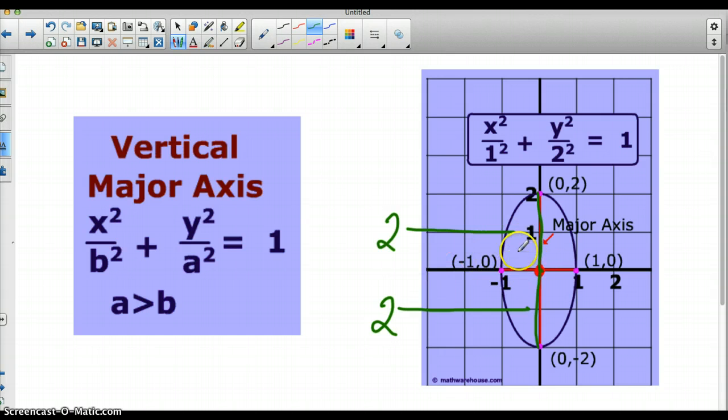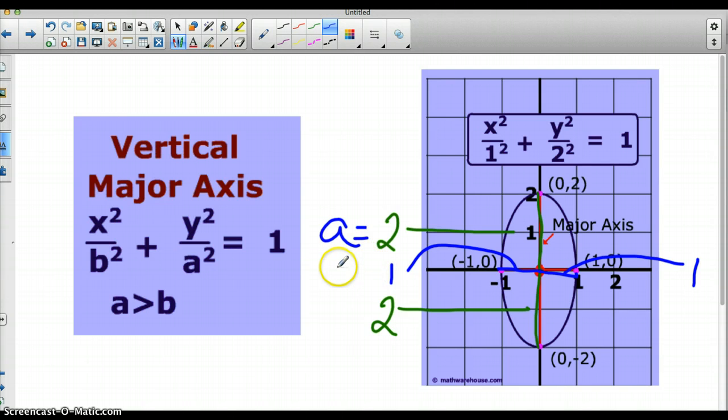I could then find b. b is always going to be the distance from your center along your minor axis to one of your co-vertices. So from here to here, my distance is 1. Or I could have taken from the center out to the other co-vertex for a distance of 1. So a is always going to go with your major axis, and in this case a is 2.